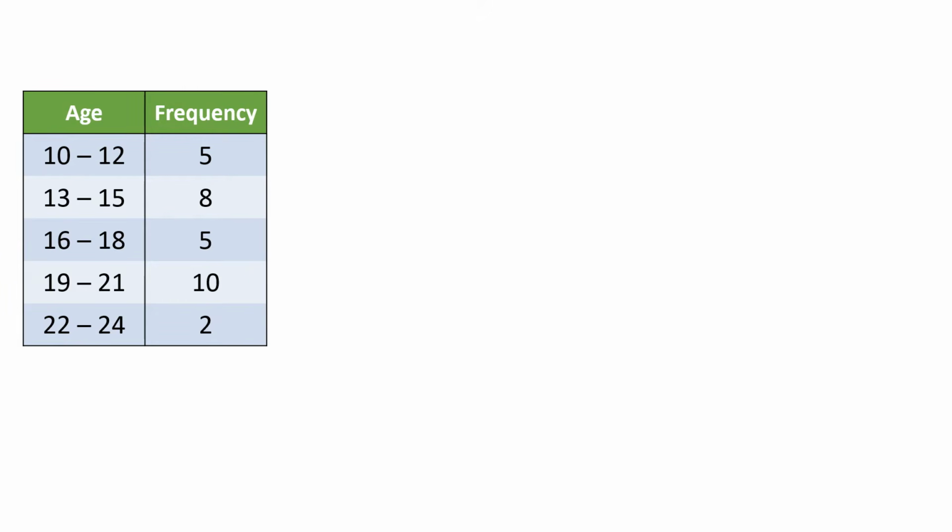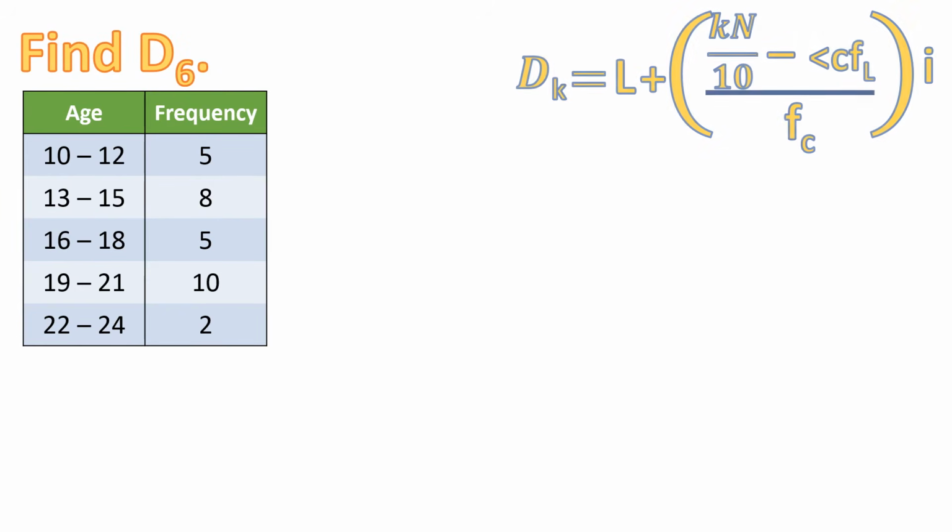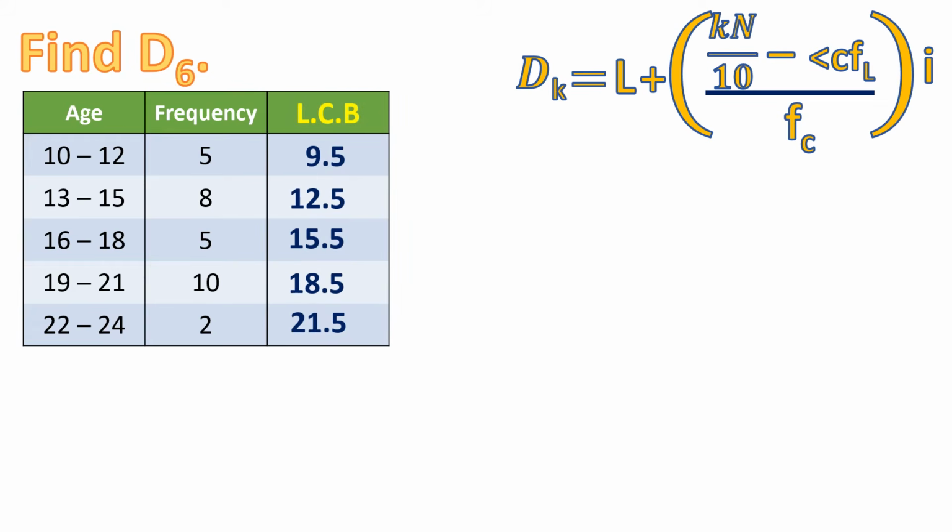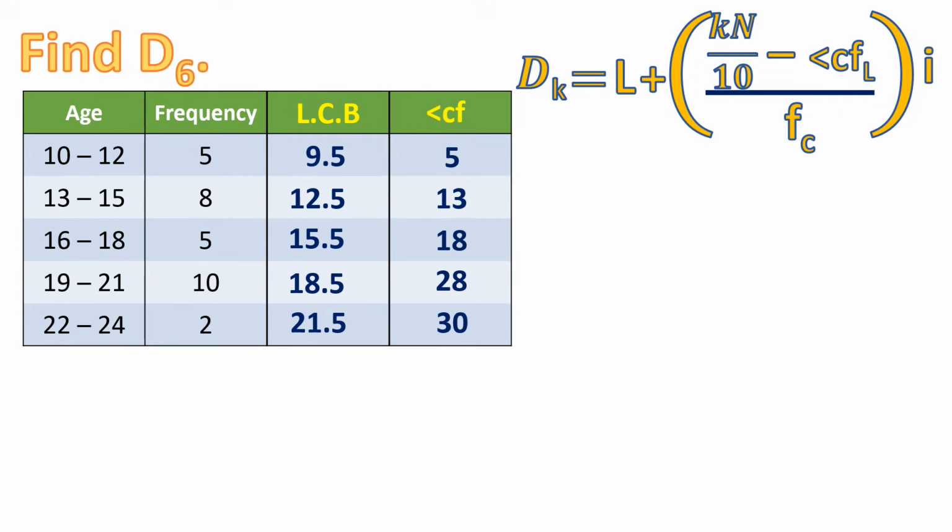So we're gonna continue, and let's find the sixth decile of this data. So the same formula for the decile, although the k now is 6. And so let's have the first column lower class boundary, and the second column needed is less than cumulative frequency.